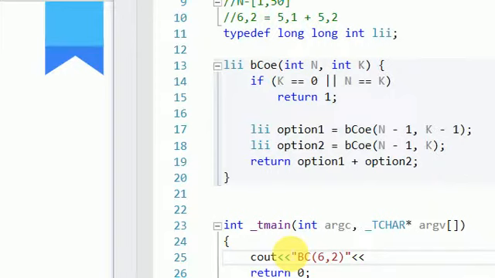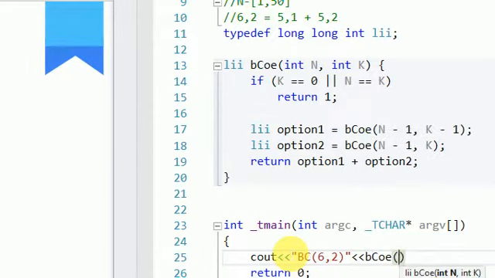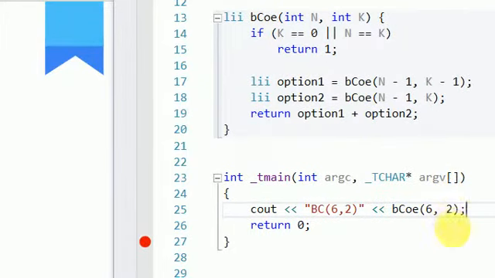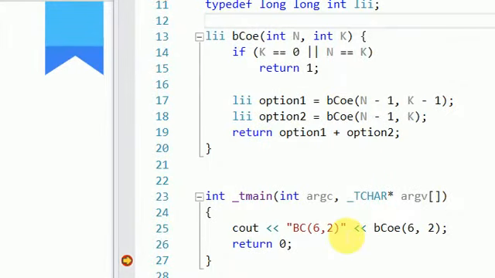It is okay if you are not comfortable with this, you can just switch over to printf. So this gives the binomial coefficient of 6 comma 2. Let's debug and find the answer. The binomial coefficient of 6 comma 2 is 15.